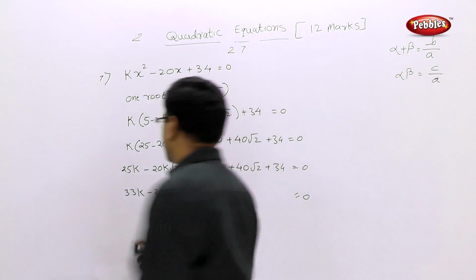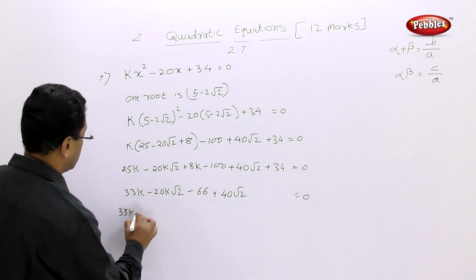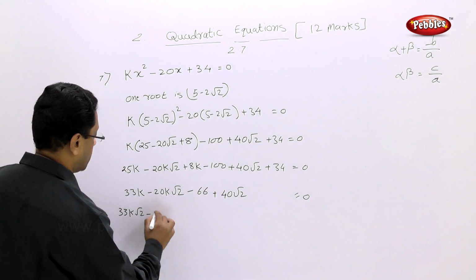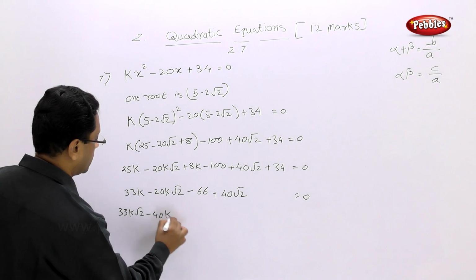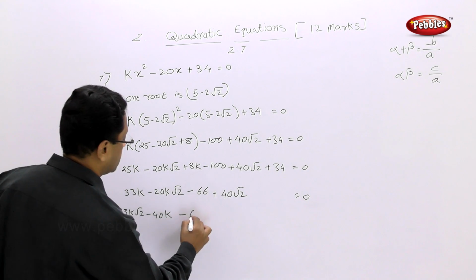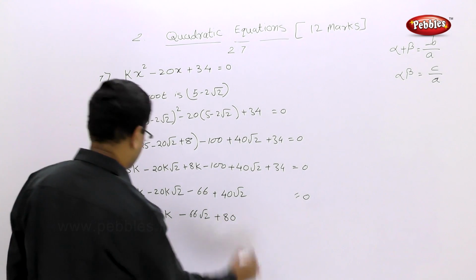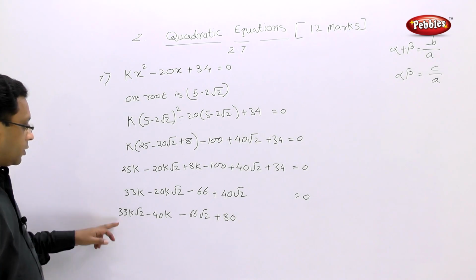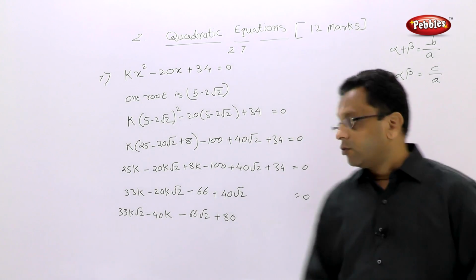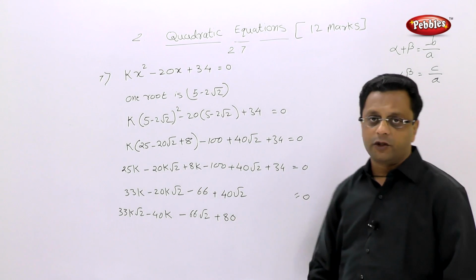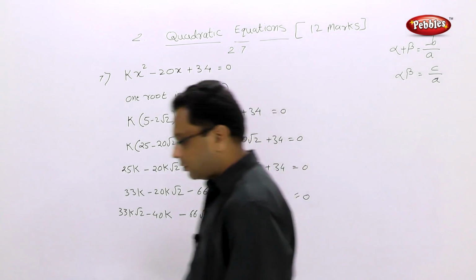So we can get here 33k root 2 minus root 2 into root 2, that is minus 40k, minus 66 root 2 plus 80. Now again the problem is the same, and you have to do the long calculations. Again, this can be solved, but this is beyond your portion.